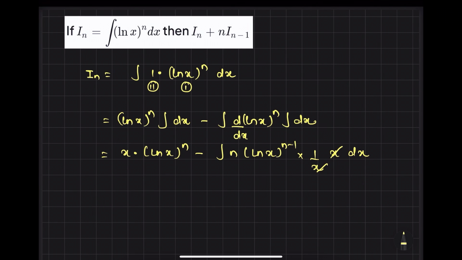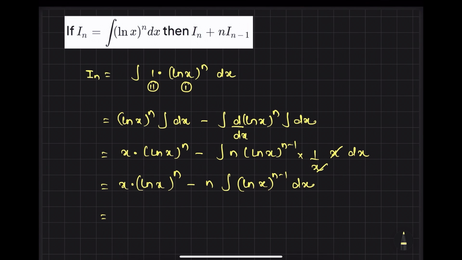So this x gets cancelled. So can I write x times (ln x)^n minus n times the integration of (ln x)^(n-1) dx.